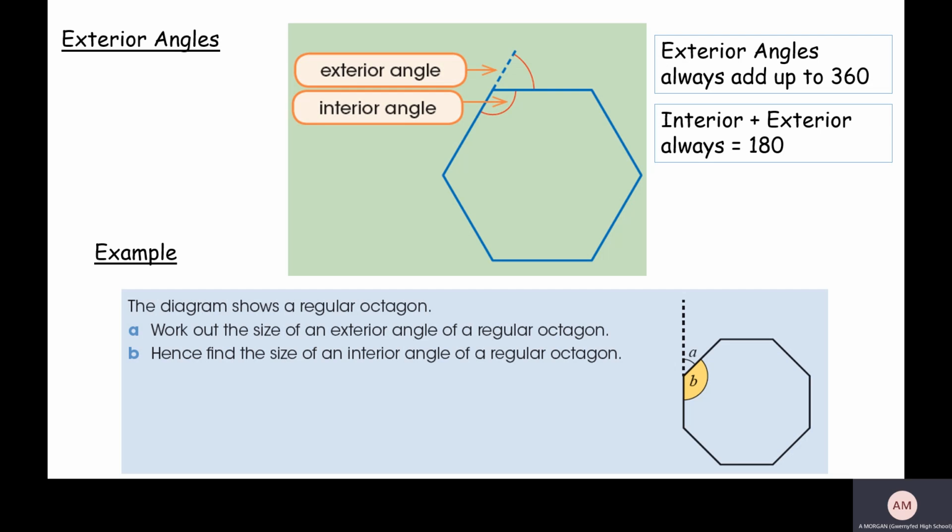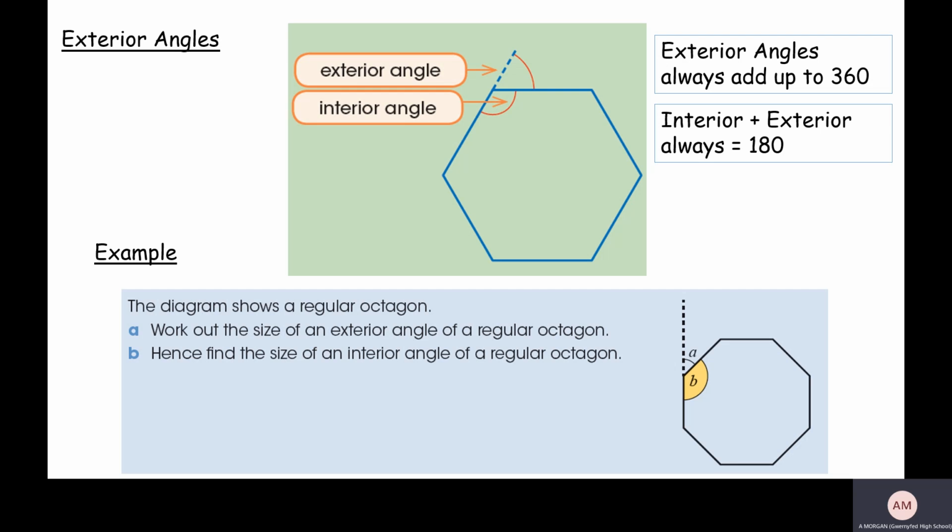And you can see why from the diagram, because the interior and the exterior form a straight line, and there's 180 degrees on a straight line. And the other rule, which is important, is that exterior angles always add up to 360.